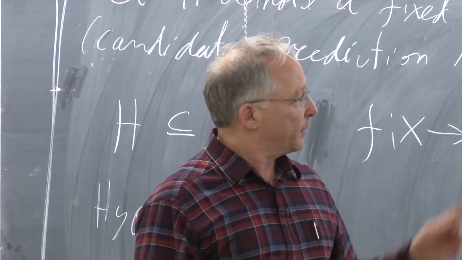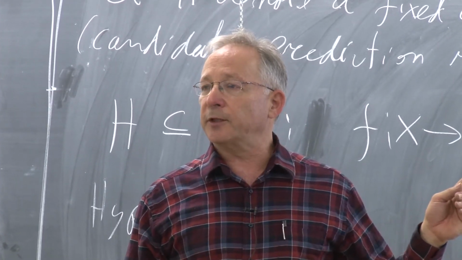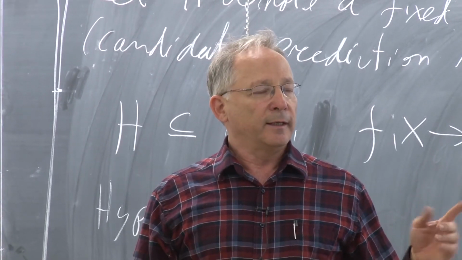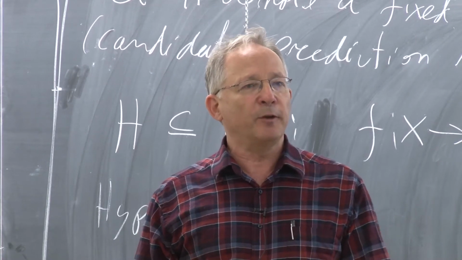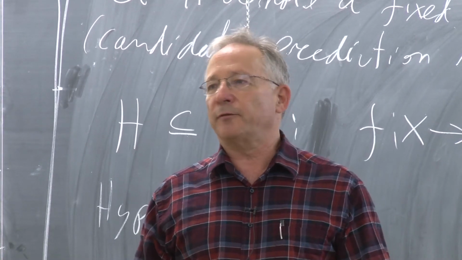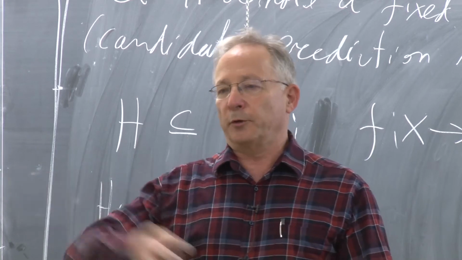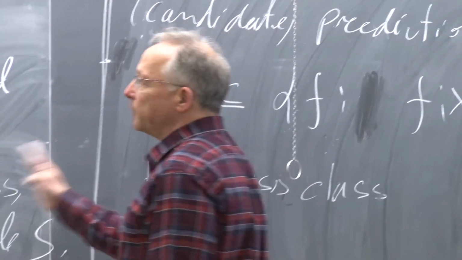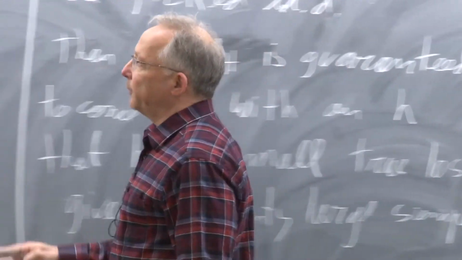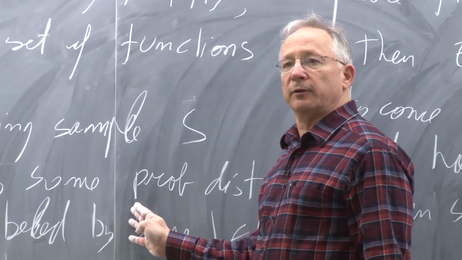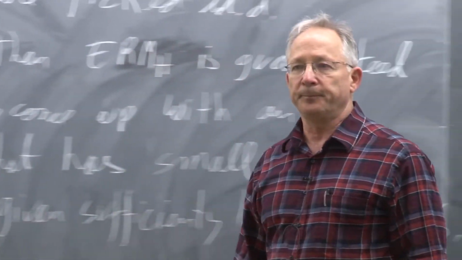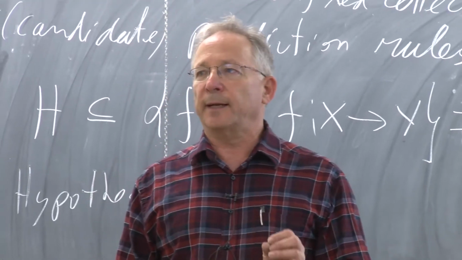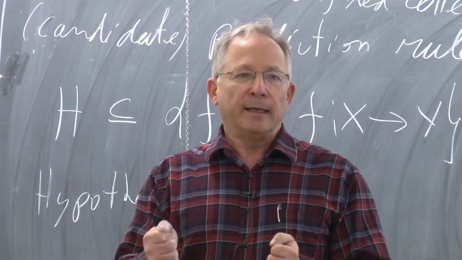In our example of the ERM that we had before, without an H, it doesn't matter how many samples of papayas I see, I will always have a very big probability of error on future papayas, because I had a very bad rule. And here we say that once we restrict our attention to a finite class of potential hypotheses, we have a success guarantee.